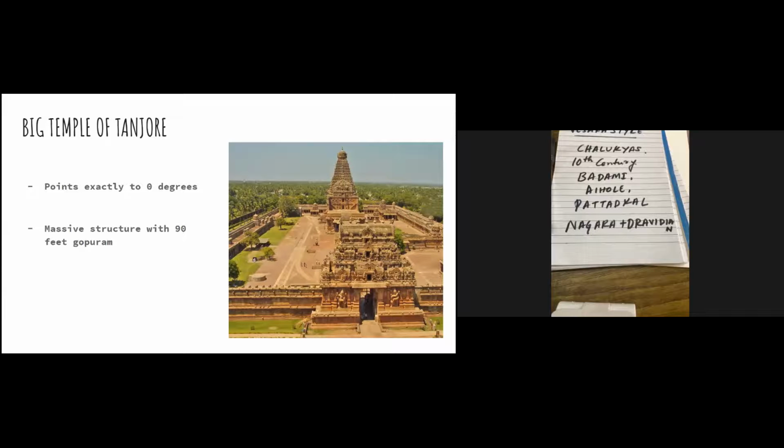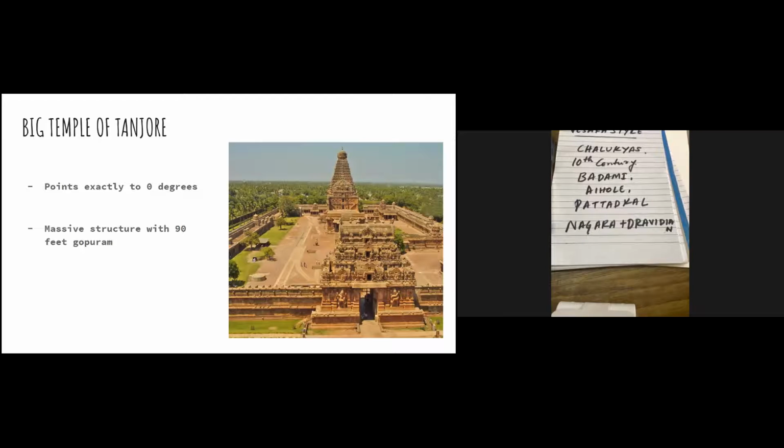And it is a massive structure. It is a 90 feet gopuram. The part you see is 90 feet, so just imagine, underneath also they have to go 90 feet or more, because the foundation has to stay so strong. 90 feet of stone is not less in mass.